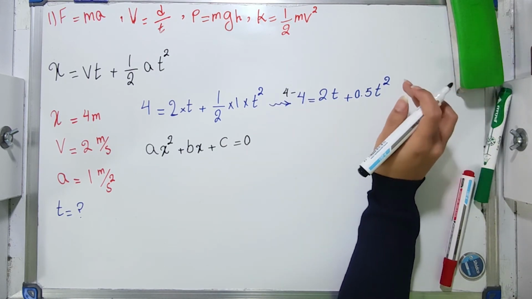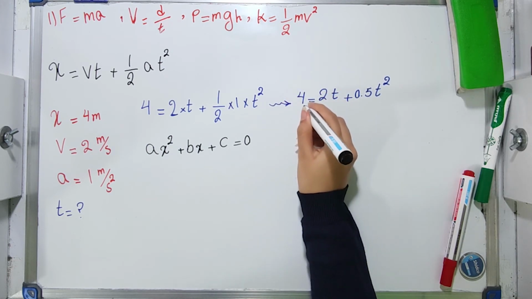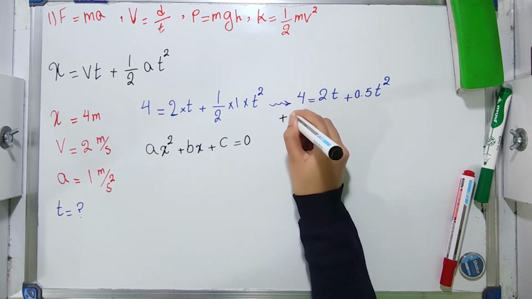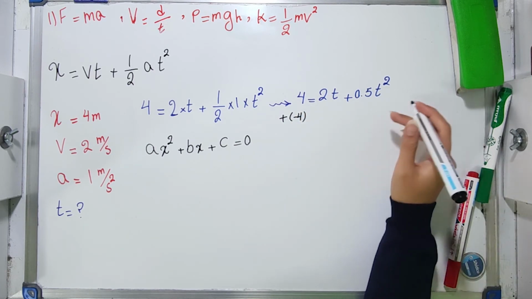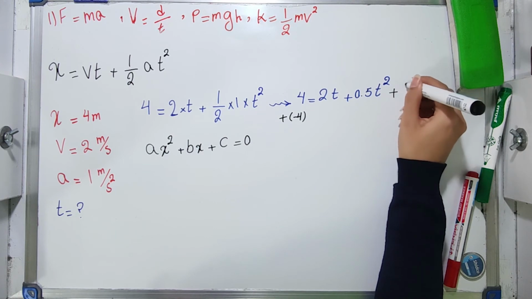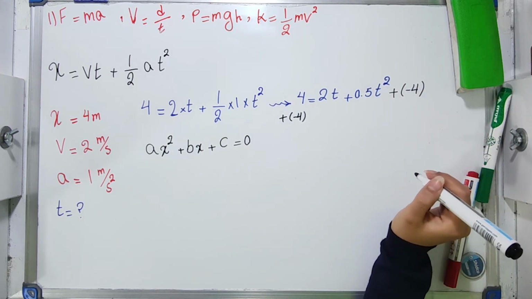And also, let me write it like that, you have to add minus 4 to 4. Because it's an equation, I have to add minus 4 to the other side too.